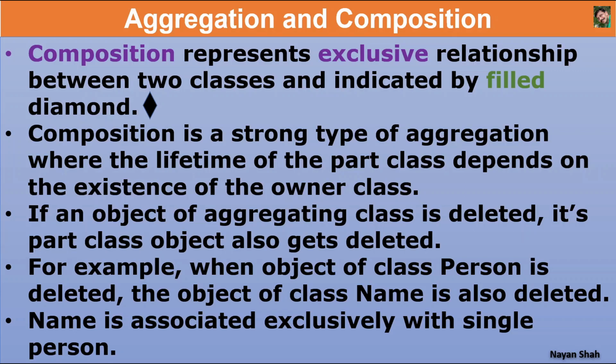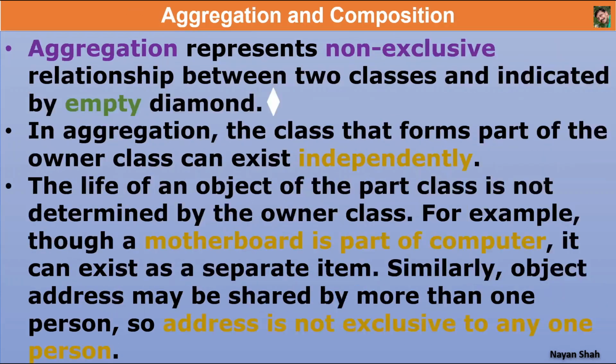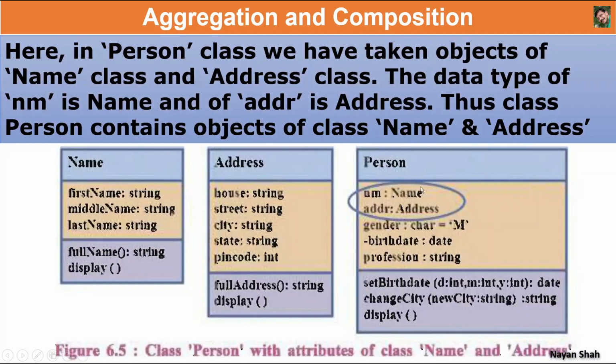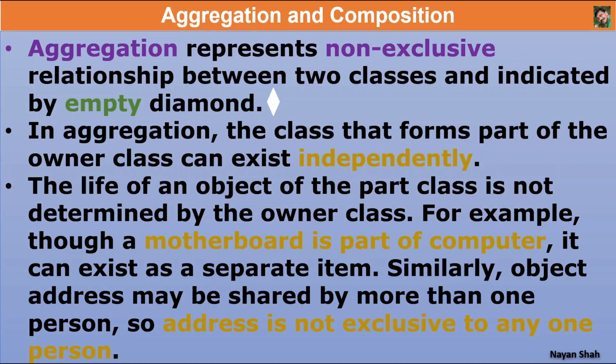So for example, when object of class person is deleted, the object of class name is also deleted, as you can see here. Now if we create an object of this person class, then if that object is deleted, then the name is also deleted, because they are related to each other strongly, and that is composition.